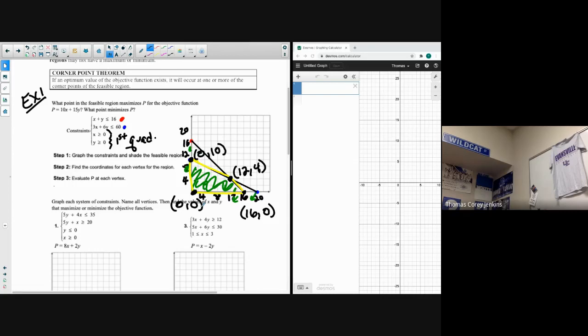We test them in the objective function, and we want to know which point maximizes and which minimizes. So we kind of have to sub them all in. I'm going to go pretty quick on this part. Let's just start here with (0, 0).